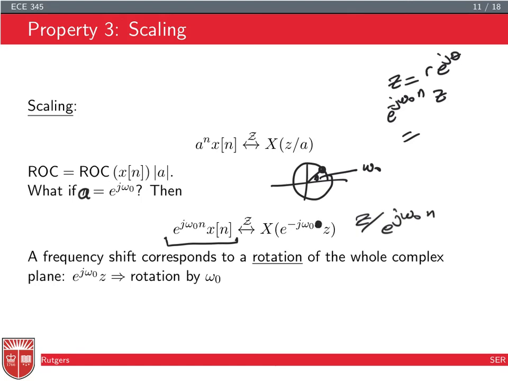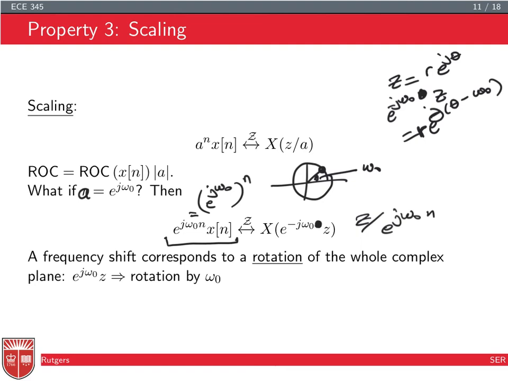This is basically e to the j omega 0 to the power n. So when you multiply e to the minus j omega 0 times z, it's going to give you e to the j (theta minus omega 0), and you have the amplitude here. So what you're doing is rotating the angle of z.